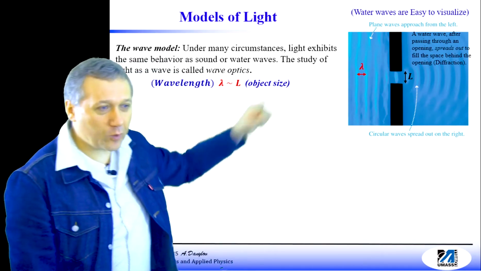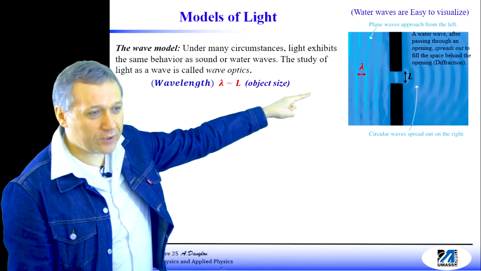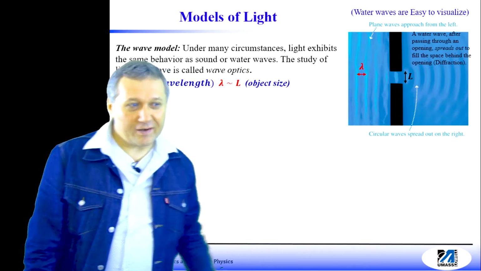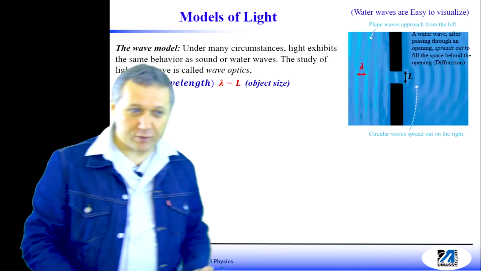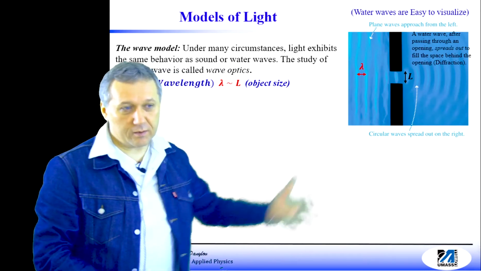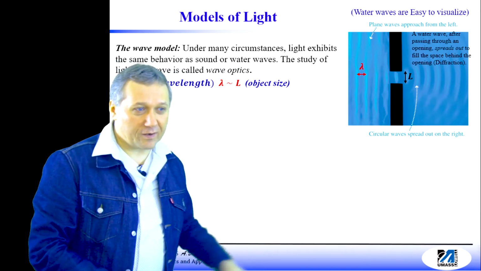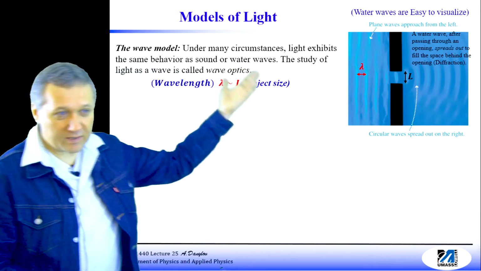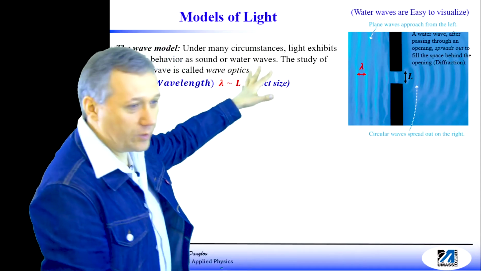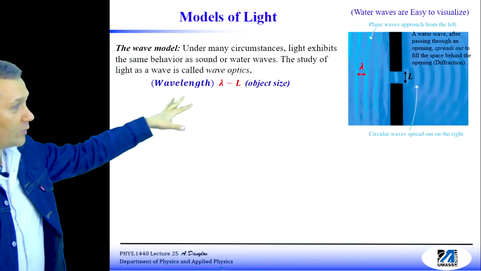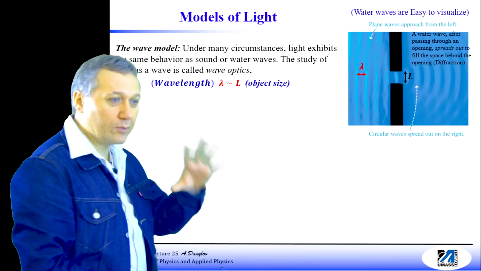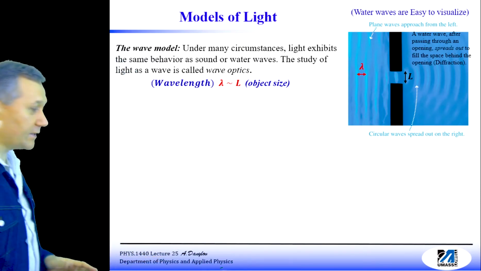And we're going to see a similar situation in our experiment, but of course we're going to use light. Here, using the example of waves on water is a nice example. Okay, so that's one situation, when the wavelength and the size of the object are comparable. We're going to use wave optics. Now the second situation.